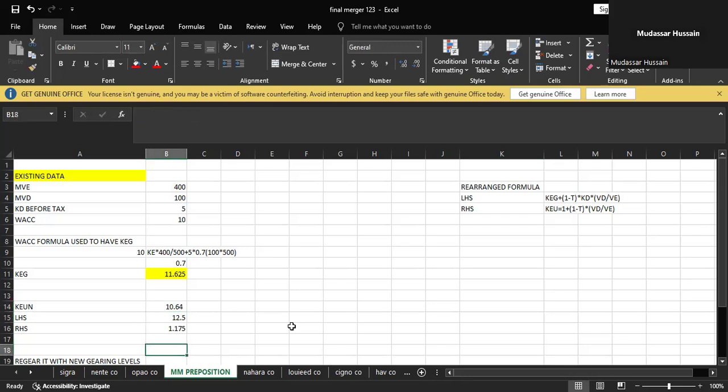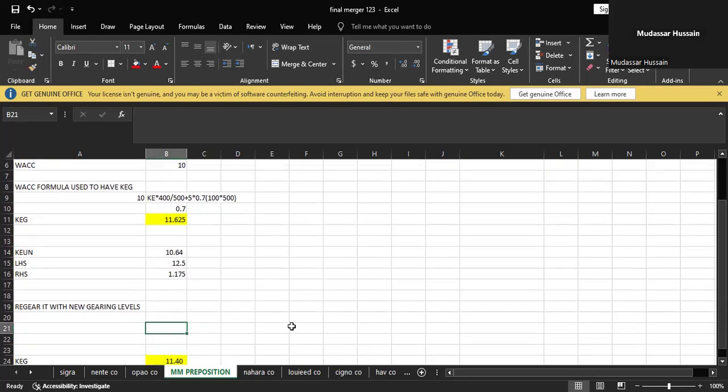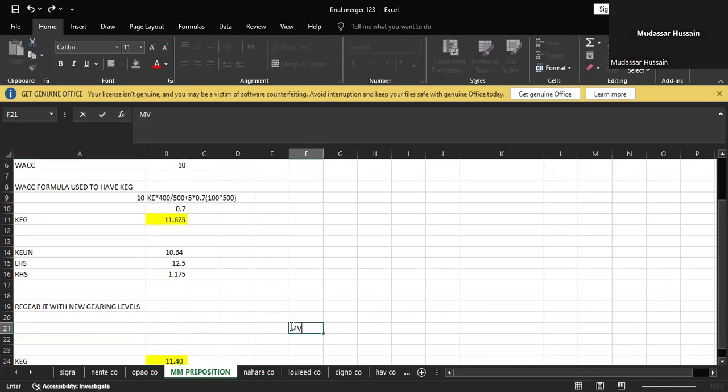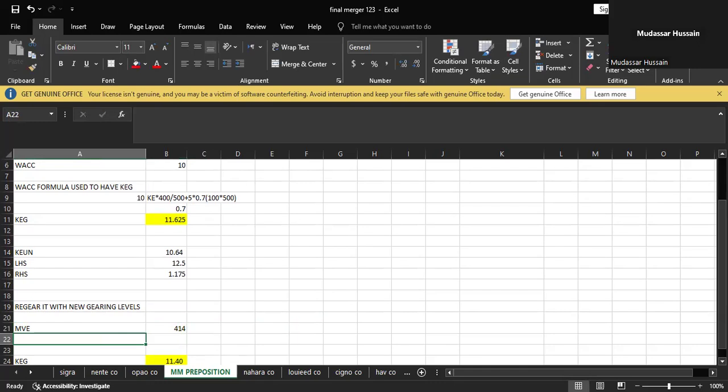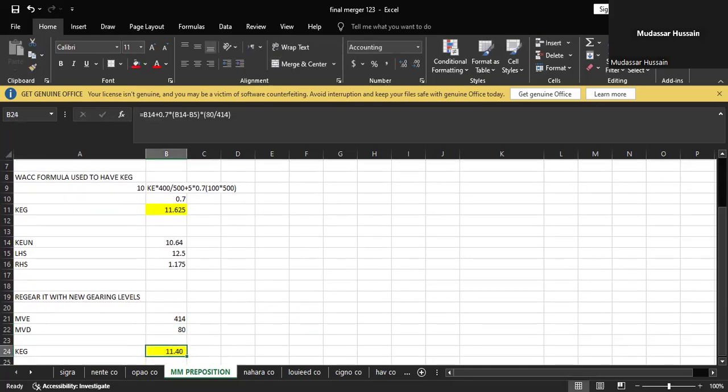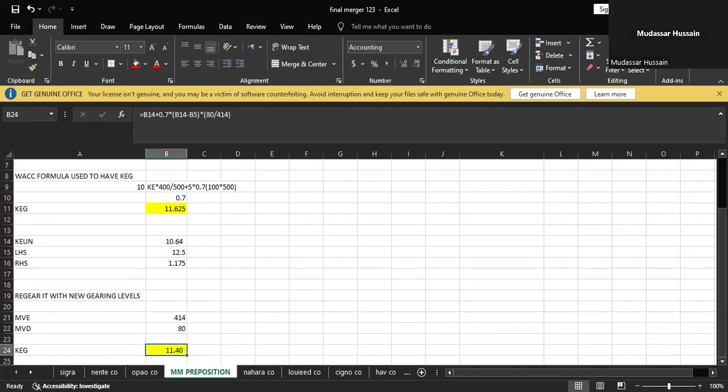Now if we have to re-gear it with the new gearing levels, in the new gearing we find that the market value of equity was 414 and the market value of debt was 80.